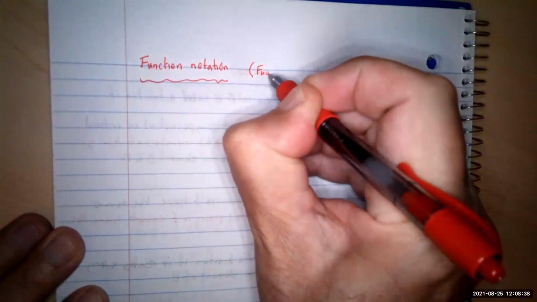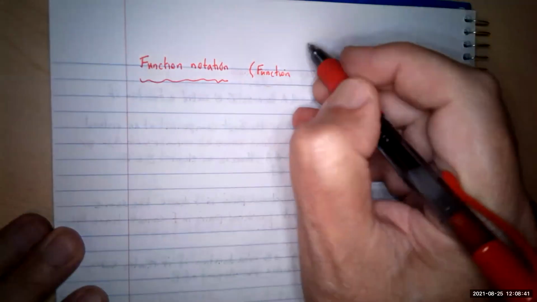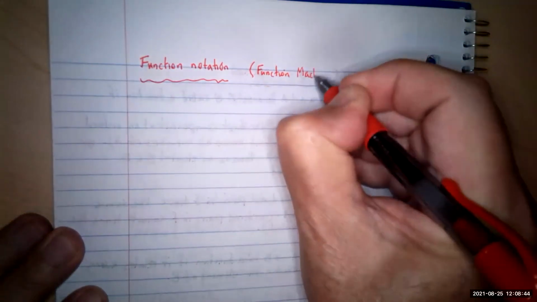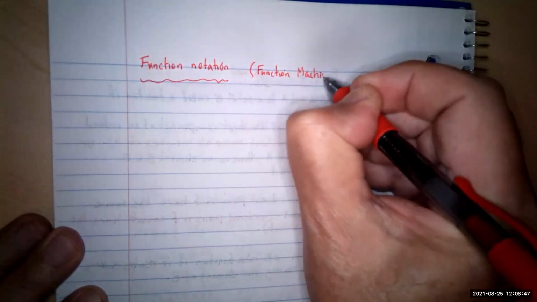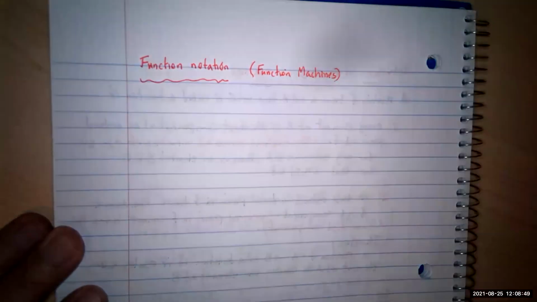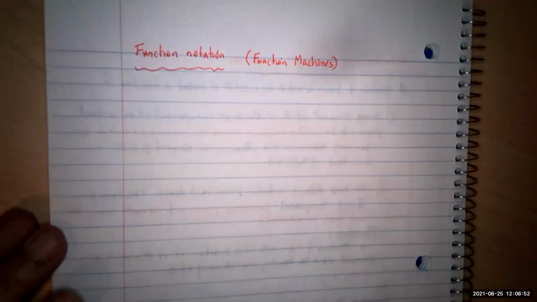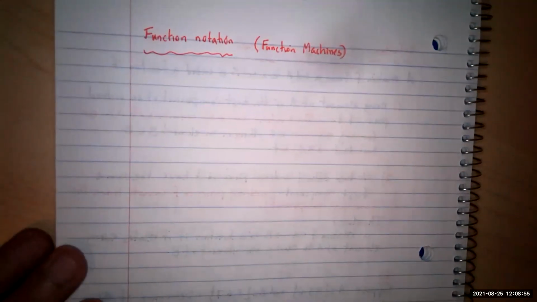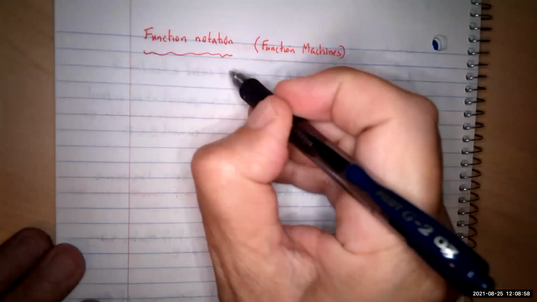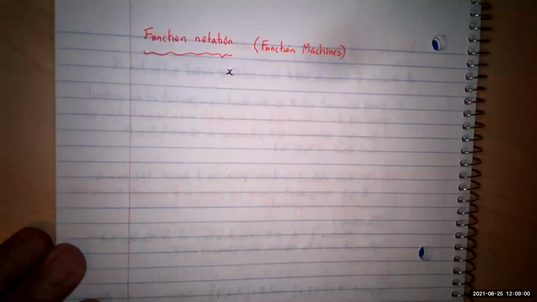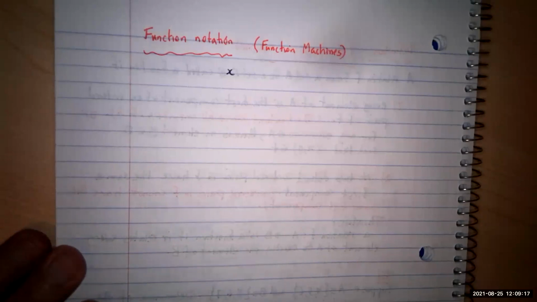So we consider the function as a machine. Function machines. So what's going to be the function machine notation? Remember the definition of a function: we get a set A, we pick one element in A, x. This x, in this case, we are going to call it input.